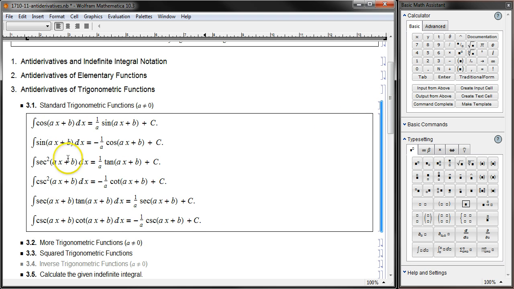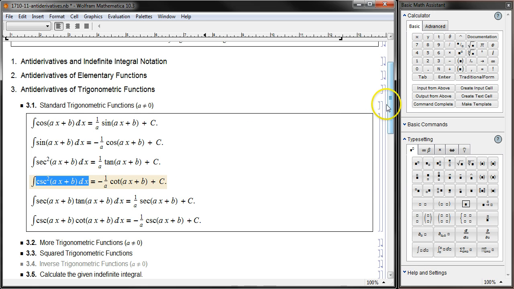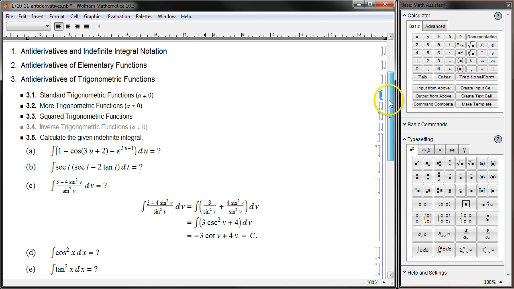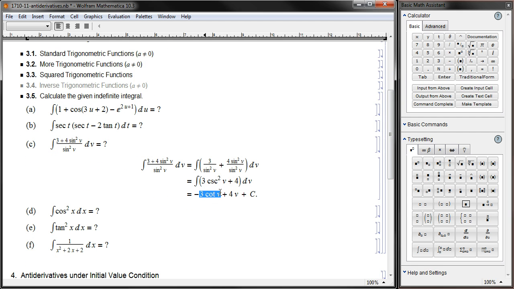Again, you gotta remember these rules here. Antiderivative of cosecant squared, I just used that one. We have this negative cotangent of v. Pluses and minuses can be confusing.